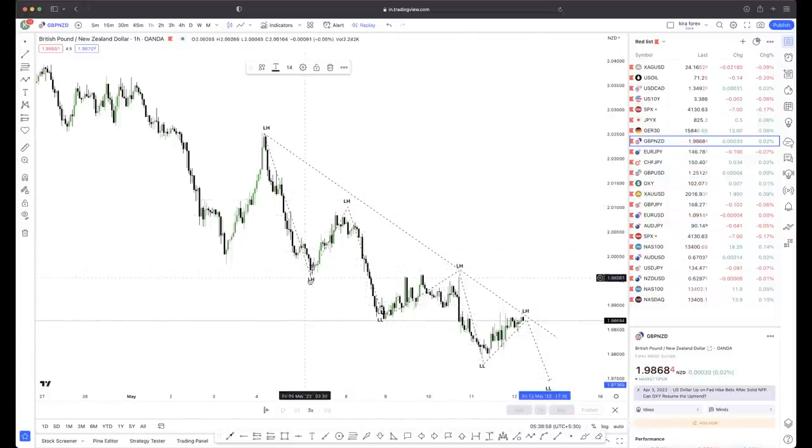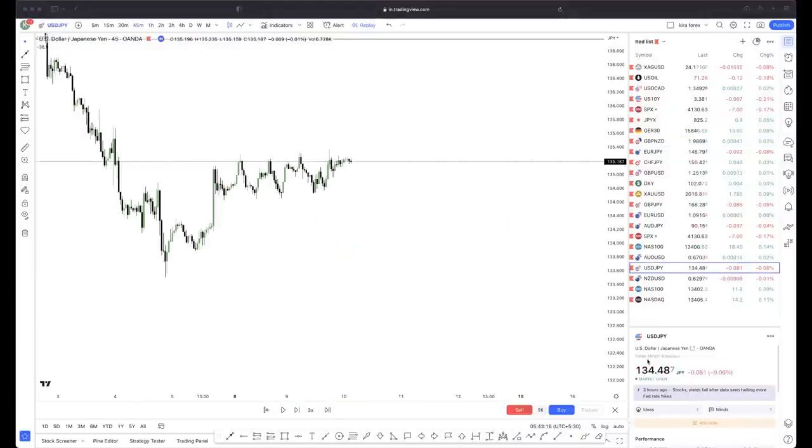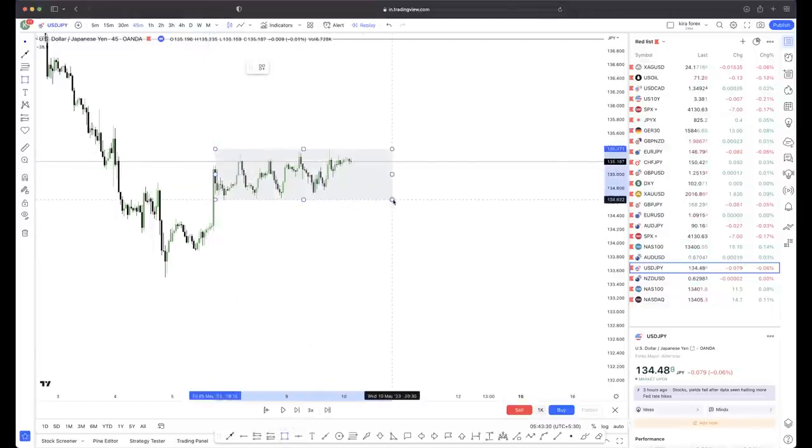That is it, guys. Now let's move to how a consolidation or a ranging market, a market in a box, or a sideways market looks on a real chart. So in a consolidation market or a ranging market or sideways market, we have a series of equal highs and equal lows. From the previous chart, you realize that the market was trending downwards.